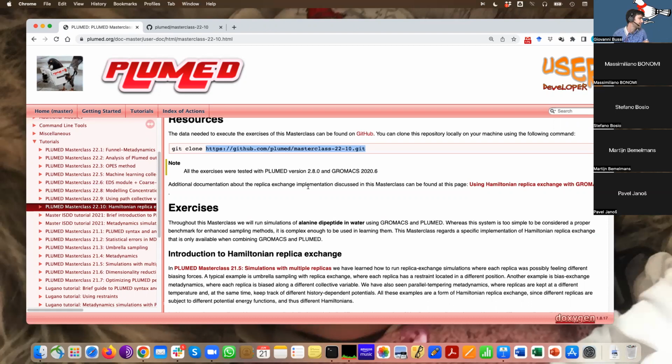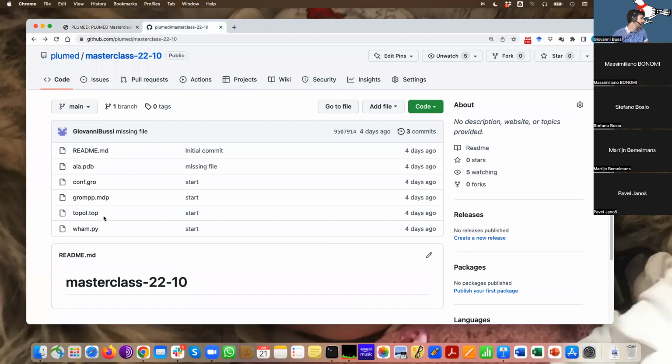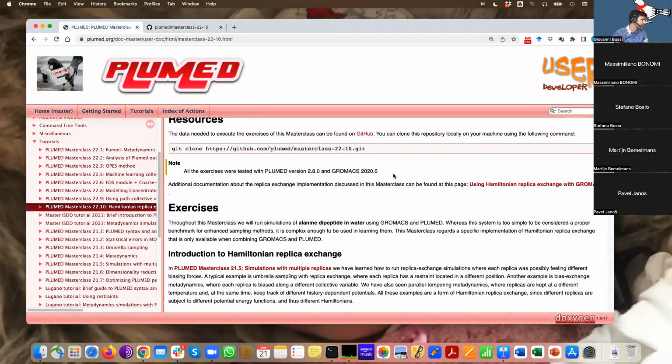So I think it's better to stay with a simpler system. Here you should find everything that you need: initial topology, initial coordinates, and a standard set of parameters. And this is a PDB that you can use with PLUMED to facilitate the analysis, and also a script for WHAM that is, I think, identical to the one we used for the other masterclass.